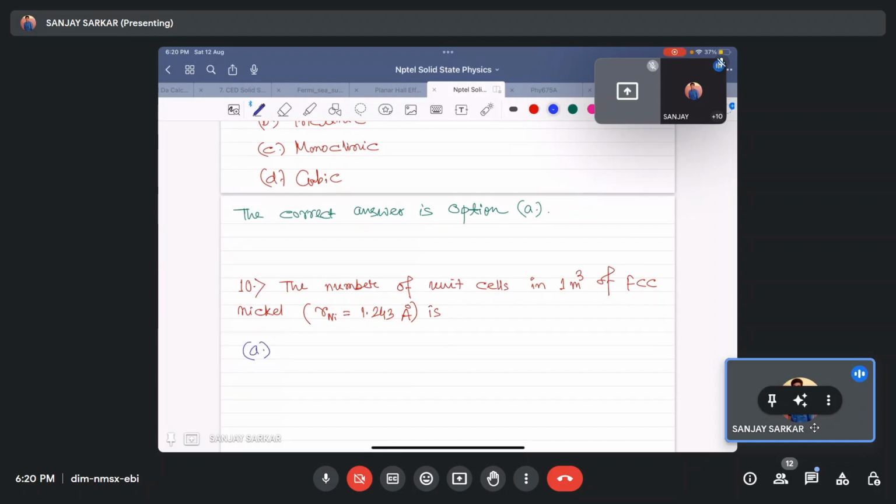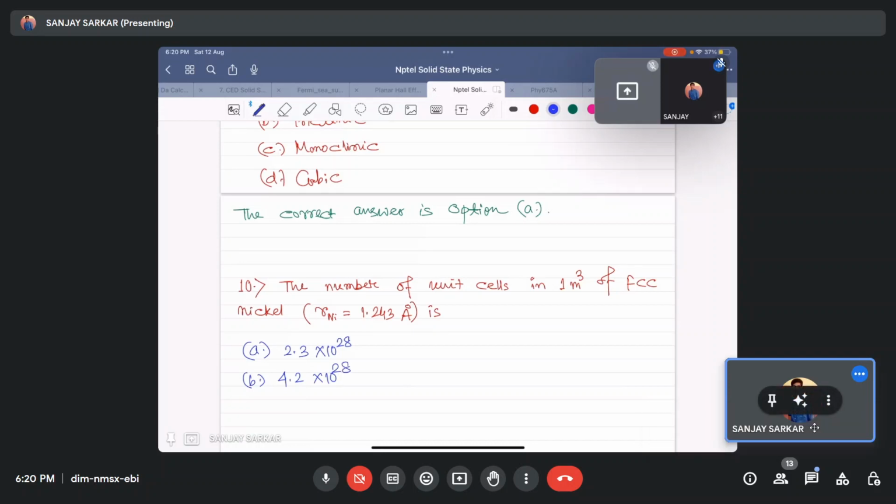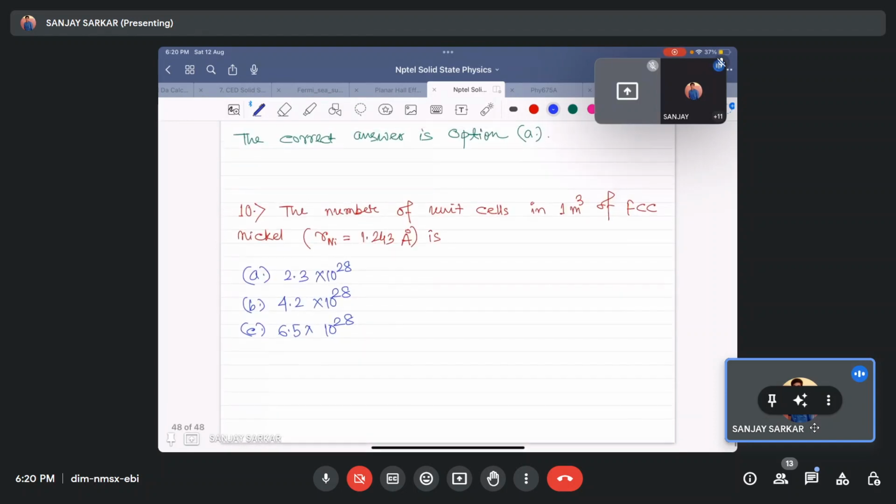Option A is 2.3 into 10 to the power 28. Option B is 4.2 into 10 to the power 28. Option C is 6.5 into 10 to the power 28, and option D is 18.4 into 10 to the power 28.